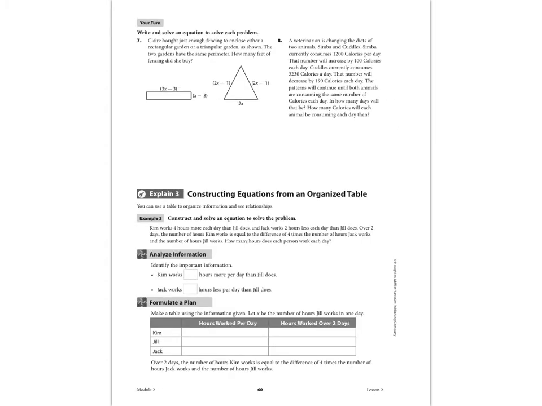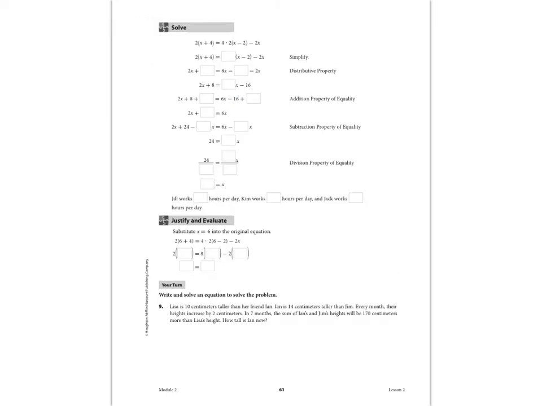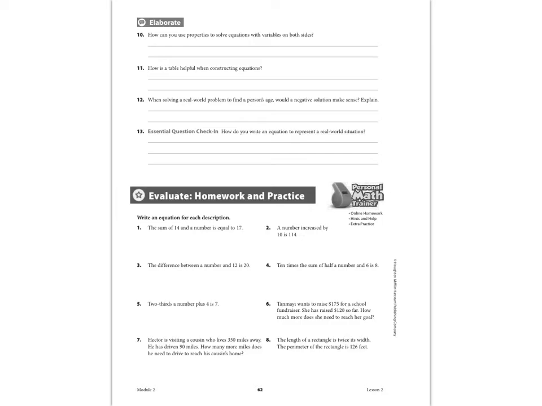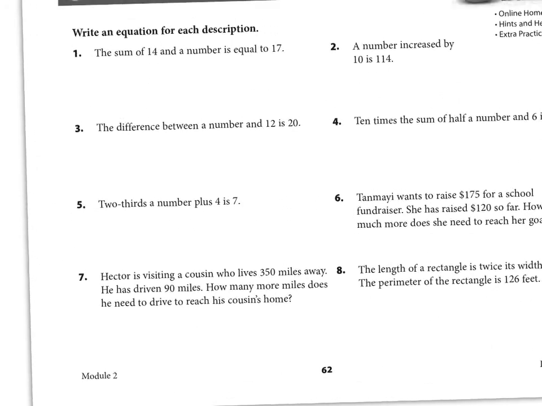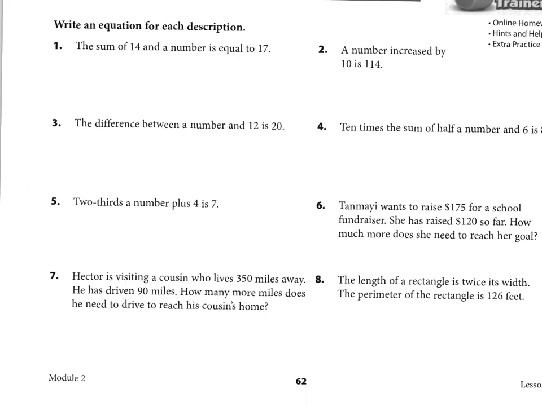Here, looking at how to use tables to help you, some problems with pictures involving geometry. So a lot of different things here that we'll be going over. We're going to real quickly pick some of these problems to do under the homework section.